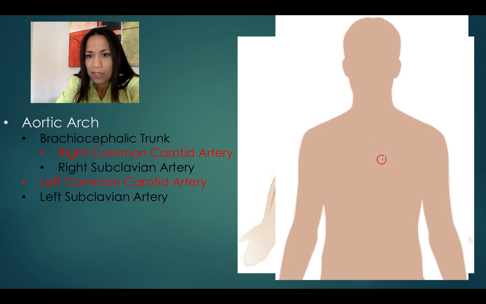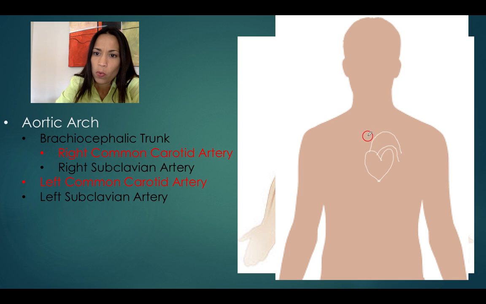Let's say that your heart is about here. And in here we have the aortic arch. So this is your brachiocephalic trunk, common carotid artery, and left subclavian artery.